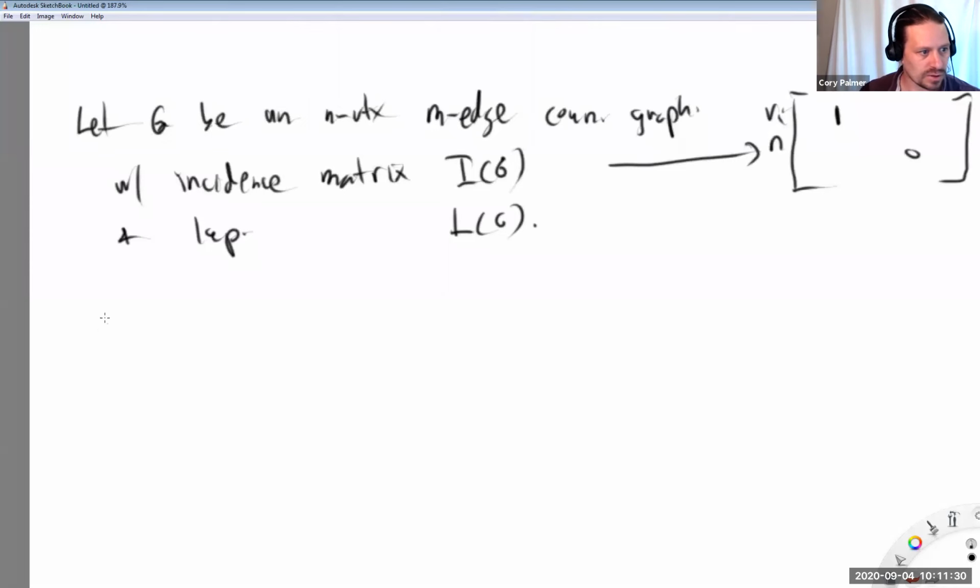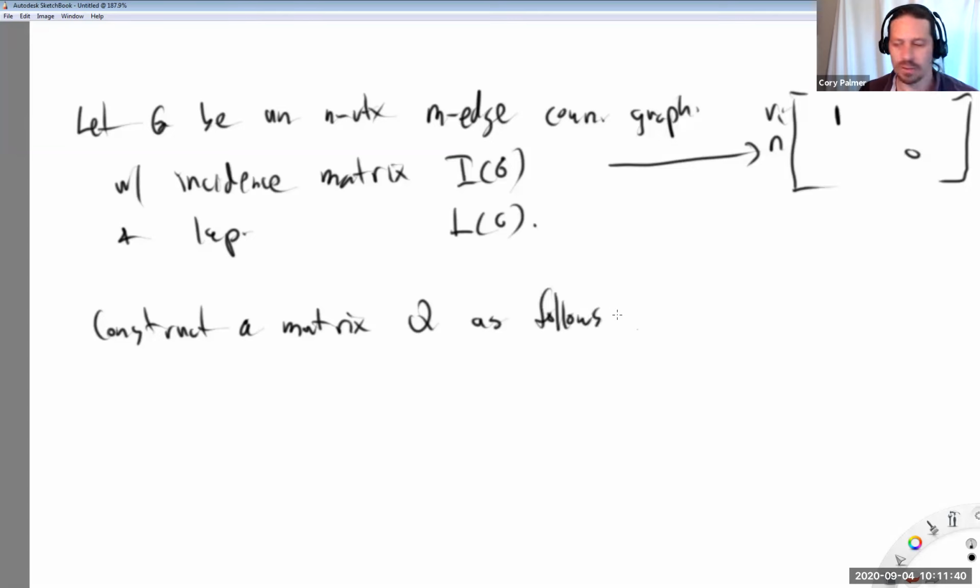Now I'm going to construct a matrix Q as follows. I'm going to modify the incidence matrix slightly to get this new matrix Q that's more relevant to what we're doing here.